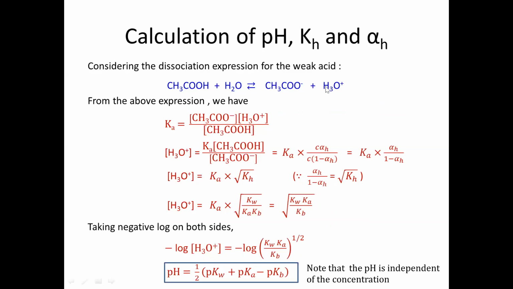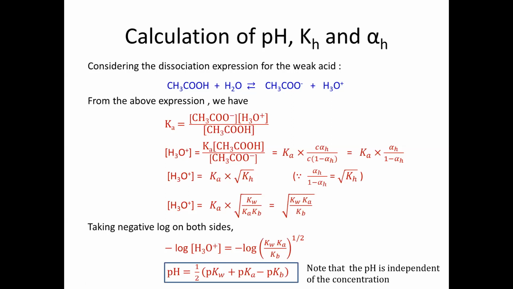We will consider the dissociation of acetic acid, and from that we can write the expression of Ka as equal to acetate ions into H plus ions over acetic acid undissociated. And from this we have our expression of H plus ions, which is equal to Ka into undissociated acid over acetate ions.